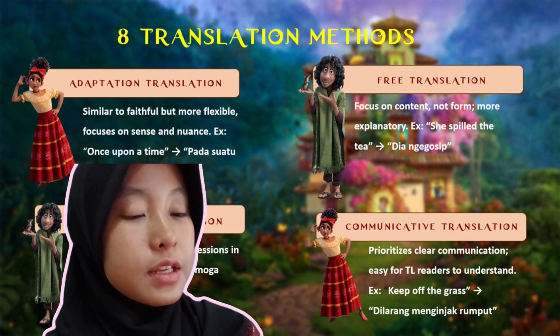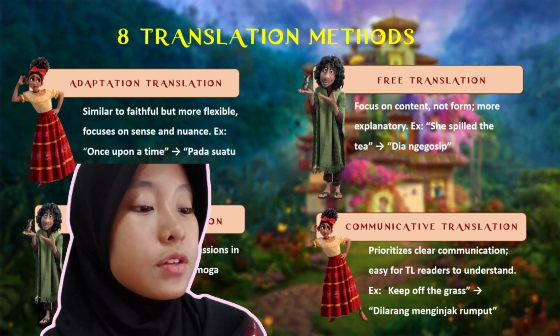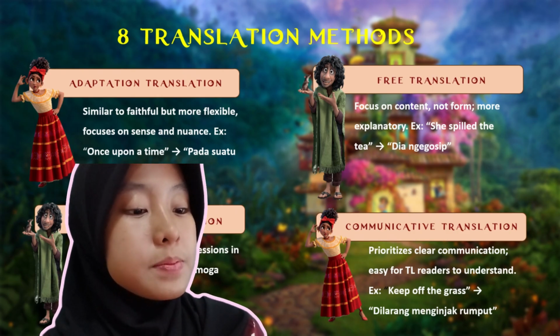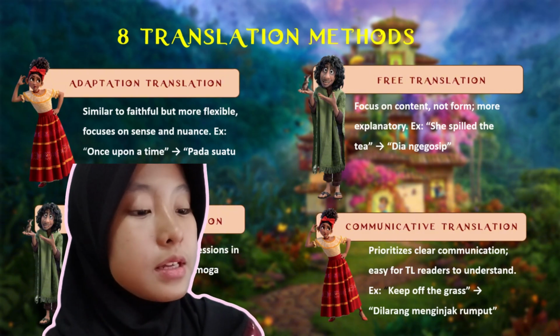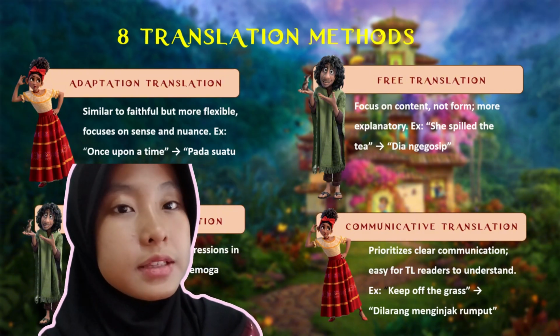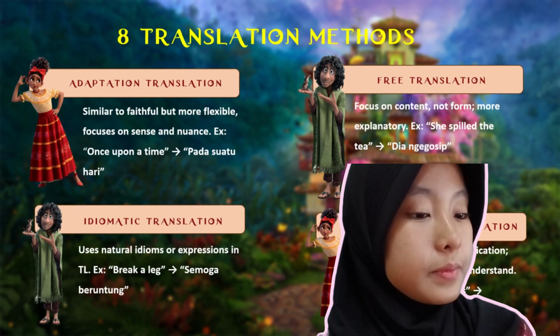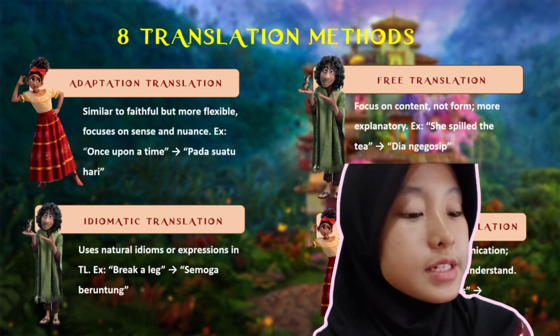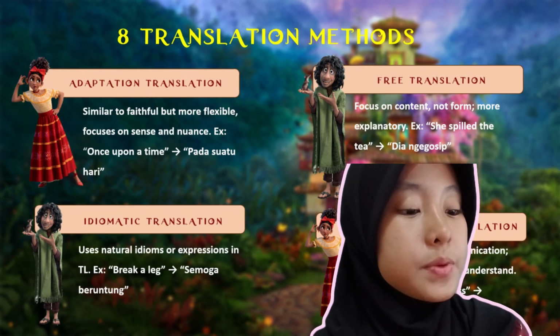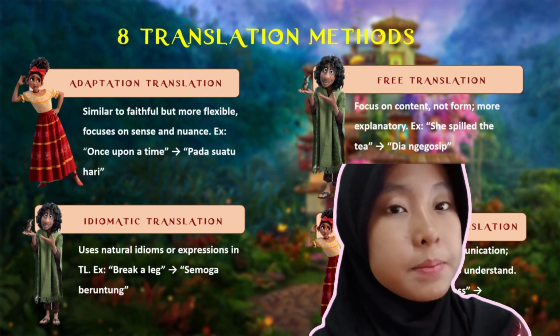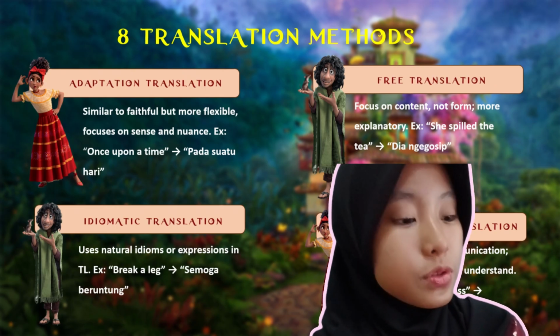Free translation: focuses on content, not form, and is more explanatory. Example, she spilled the tea, artinya dia ngegosip. Idiomatic translation: uses natural idioms or expressions in translation. Example, break a leg, semoga beruntung.